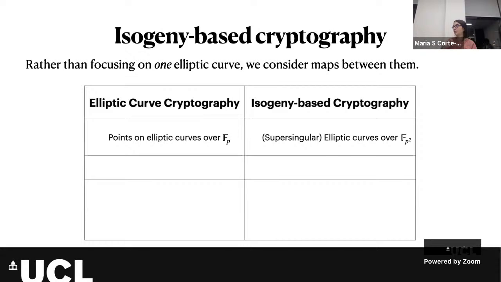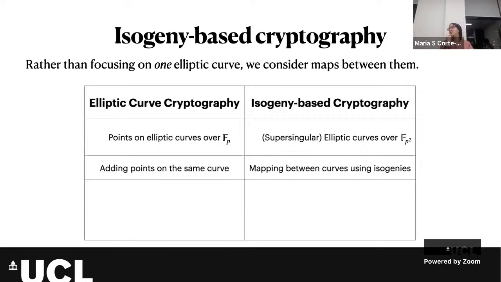In elliptic curve cryptography, we study points on elliptic curves over finite fields. Whereas in isogeny-based cryptography, we look at many elliptic curves over finite fields, so not just one. And we usually look at a very specific type of elliptic curve called a supersingular elliptic curve. But this is just a technical detail that makes sure that the operations you do are more efficient. So that's really a choice you make for efficiency.